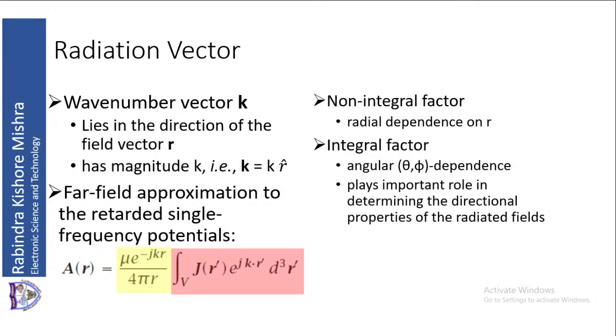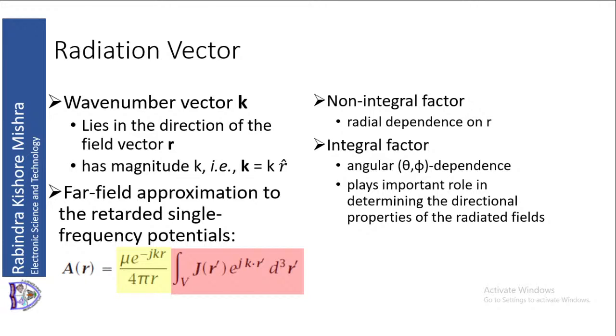So it has an angular dependency, and it will give us an angular dependency of the potential A. This integral factor plays an important role in determining the directional properties, because it depends on theta and phi, and direction is determined by theta and phi. So this part plays the important role in determining the directional properties of the radiated field.